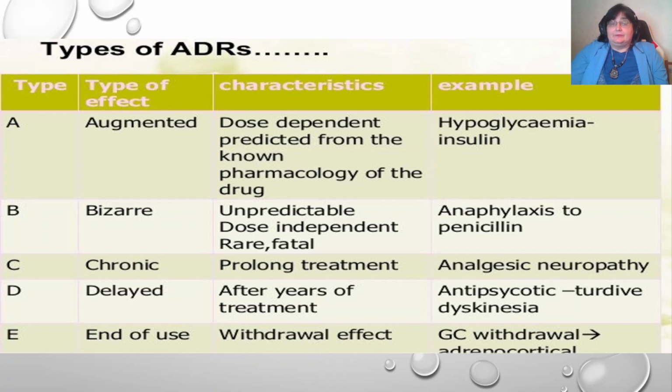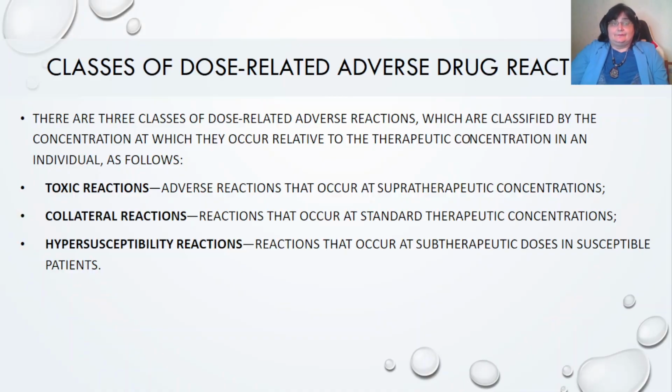C, chronic: prolonged treatment, for example analgesic neuropathy. D, delayed: after years of treatment, for example tardive dyskinesia with antipsychotics. E, end of use: withdrawal effect, for example glucocorticoid withdrawal, adrenocortical syndrome.